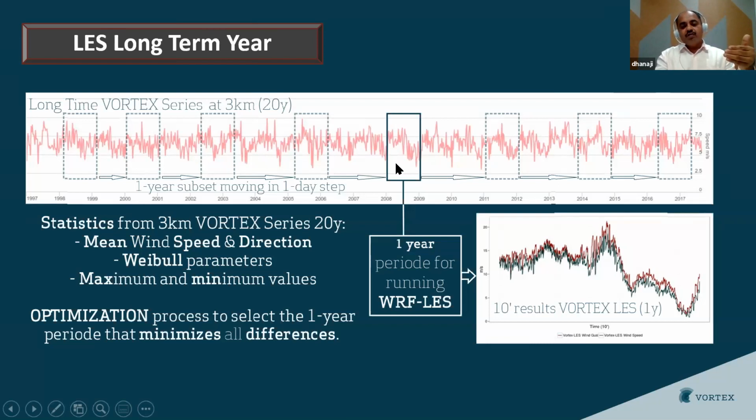So you can see at this location, this is the 1 year period from 2008 to 2009, and it should be a consistent 1 year, because we have to calculate the turbulence and all. So the period should be consistent. And once we know this 1 year consistent period, which represents the long-term wind for this particular location, we can introduce WRF LES to downscale this hourly information to 10-minute time series information.